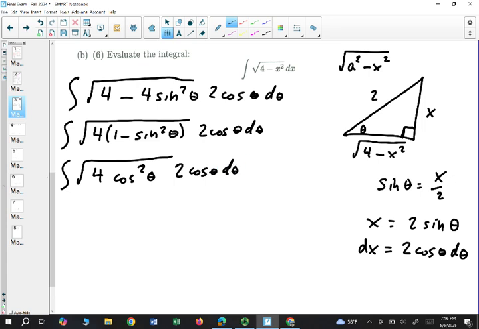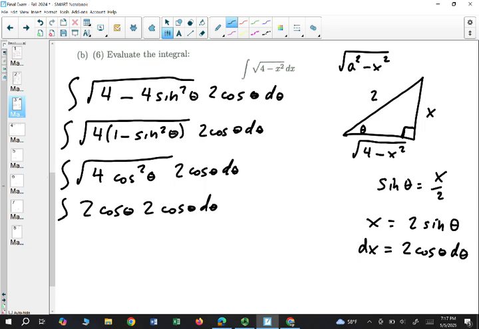Square root of 4 cosine squared, we can easily take the square root, it's a perfect square, turns into 2 cosine theta. And now we can multiply the 2 and the 2, the cosine with the cosine.